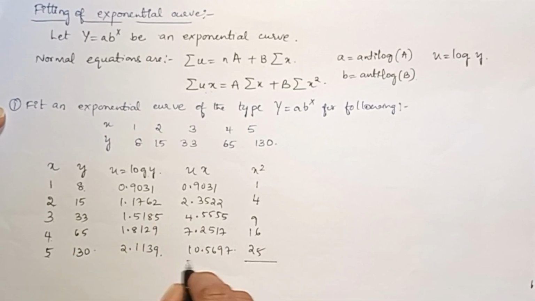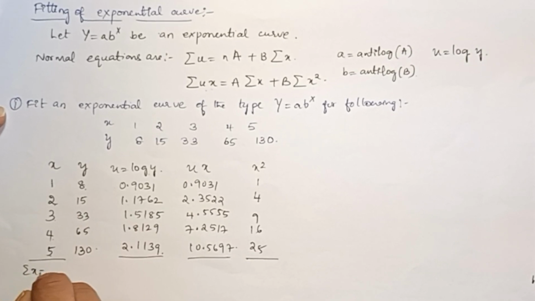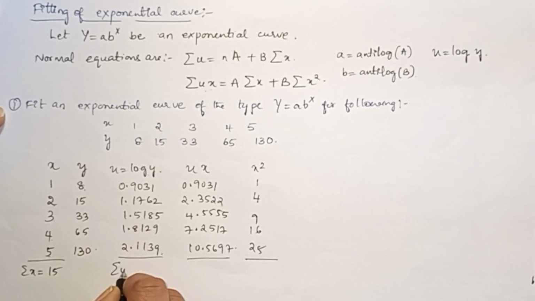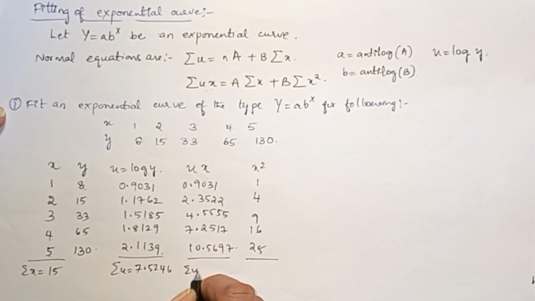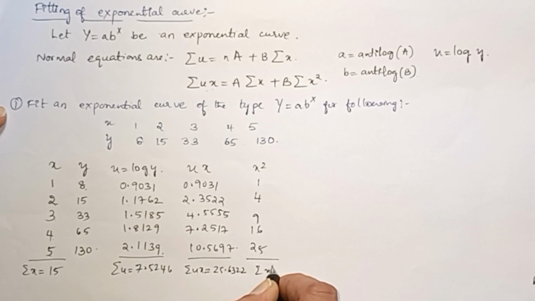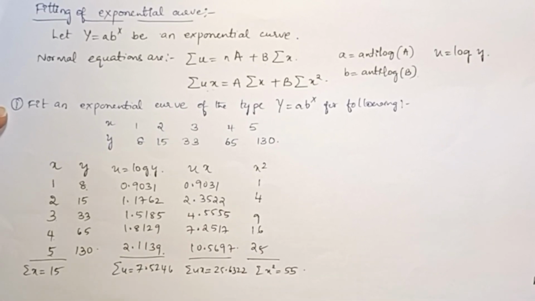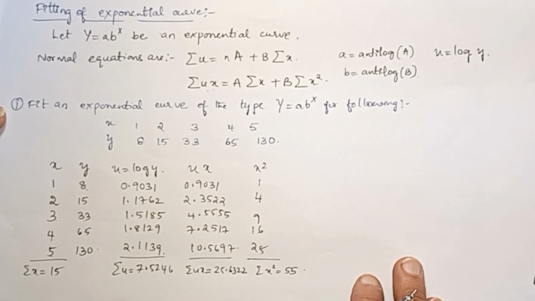Then I want the sum of all these. Sigma x also I want, which is 15. Sigma u equal to 7.5246. Sigma ux equal to 25.6322. Sigma x square equal to 55. Okay, substitute all these into these normal equations.